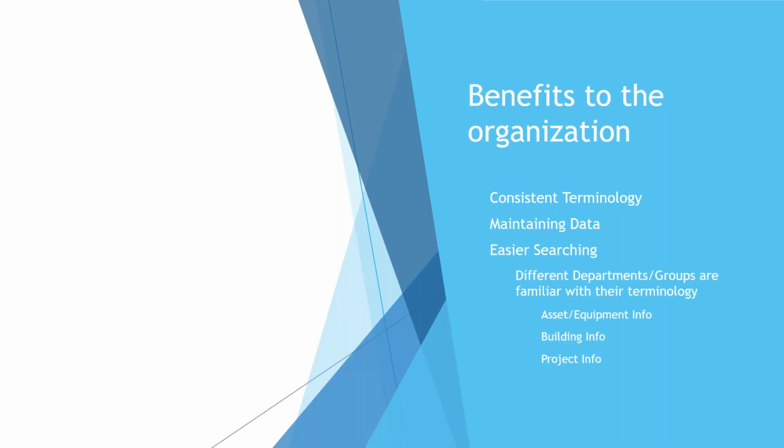Like I said, different departments and groups are familiar with their terms. A lot of times, everyone knows buildings and floors. That's a consistent thing across the board. But if you're using the system as an archive, your project managers aren't going to know that project information, so they're going to go by building info.